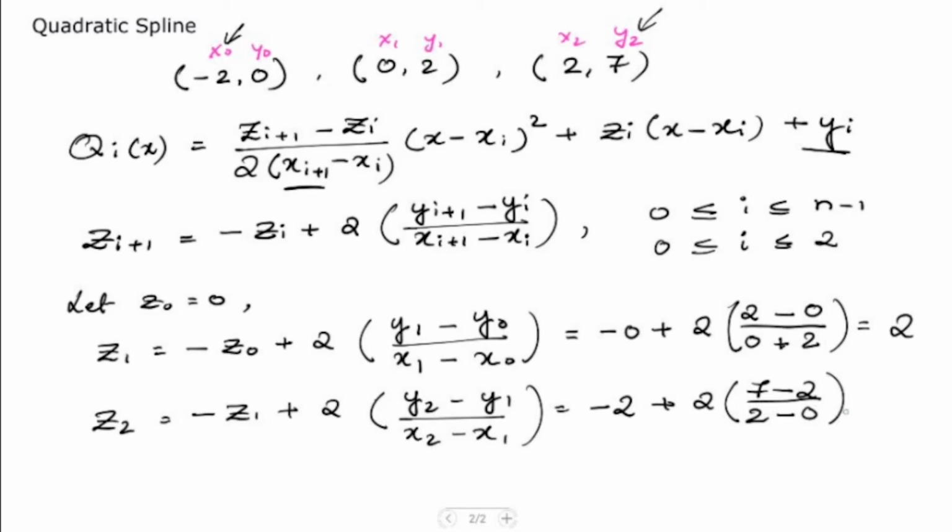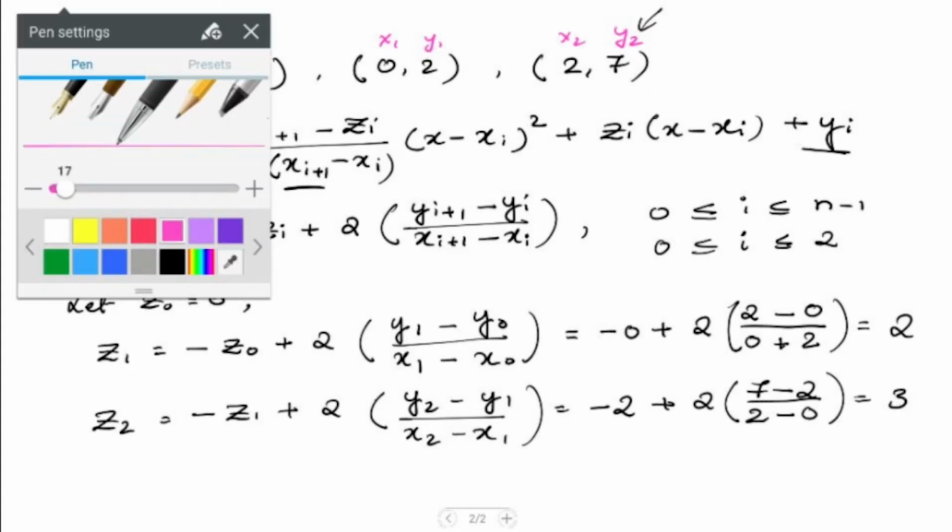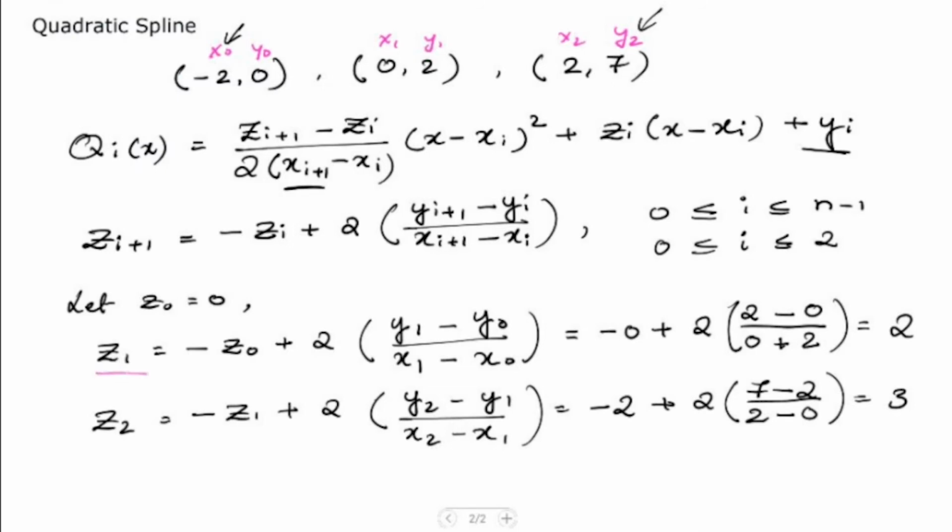If you solve that, you will get the value 3. That's the value for z2. So we have z1 as 2 and z2 as 3, and for z0, we have considered it as 0.